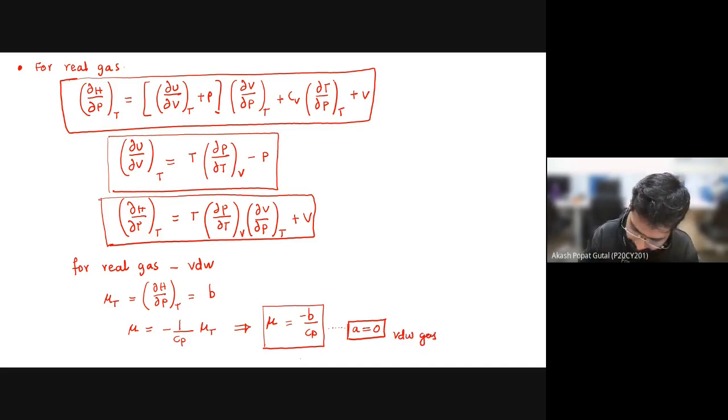So as a definition, mu is del T by del P at constant enthalpy, an isenthalpic process. From this expression, mu is negative, which means del T by del P is negative, so the temperature is inversely proportional to the pressure.